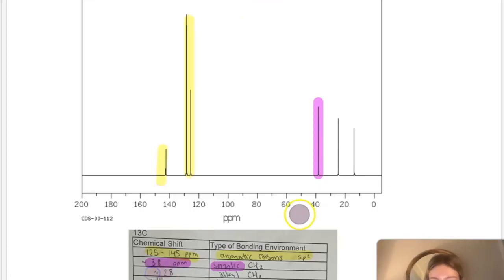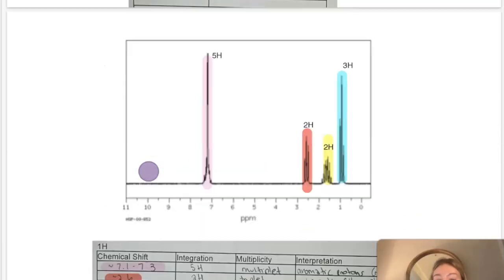This one could be an alkyl CH2, which is in the middle of the benzylic one and the terminal one. And then here, 14, terminal CH3, the most upfield. So that checks out for the benzene ring. We have our aromatic carbons, as well as C-C double bonds, and then just 3 carbons here. So we're going in the right direction here, in my opinion.